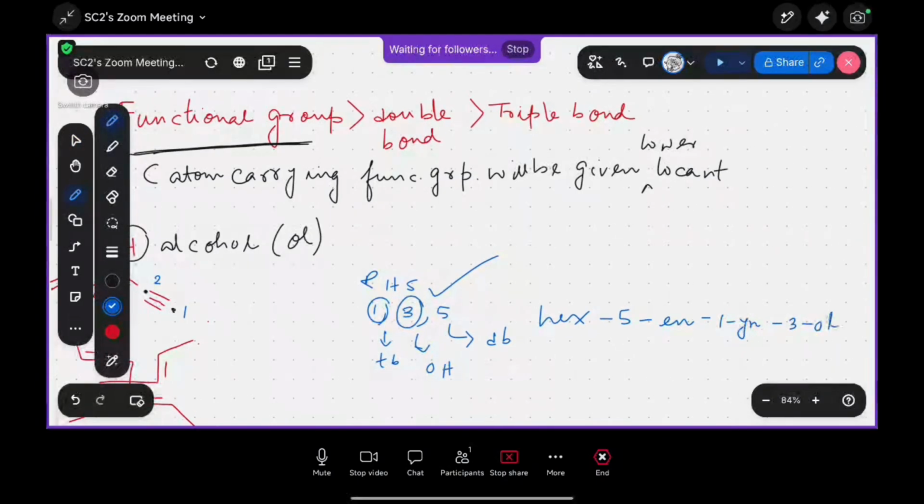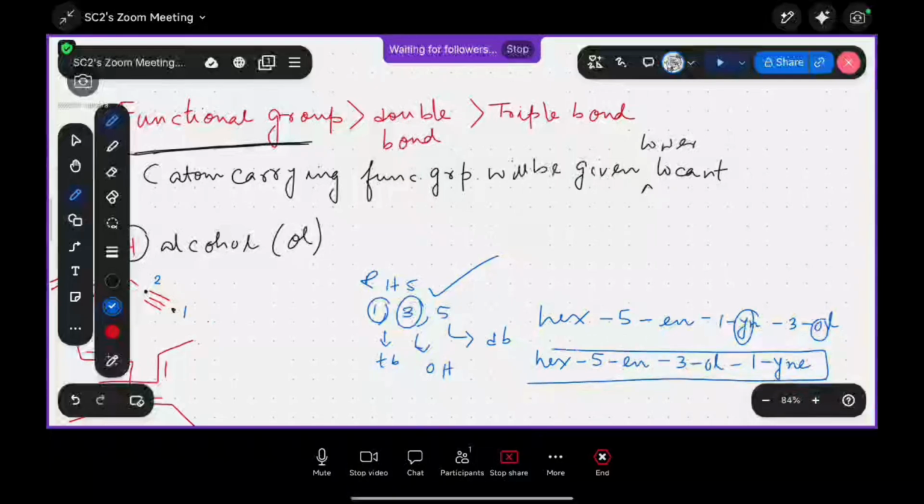Now you may question this, that ma'am, yne comes at the end, ol comes before. So ol is supposed to be written first. You may say that ma'am, it is hex 5 ene, 3 ol, 1 yne. According to you, this may be the correct one. Hex 5 ene, 3 ol, 1 yne.